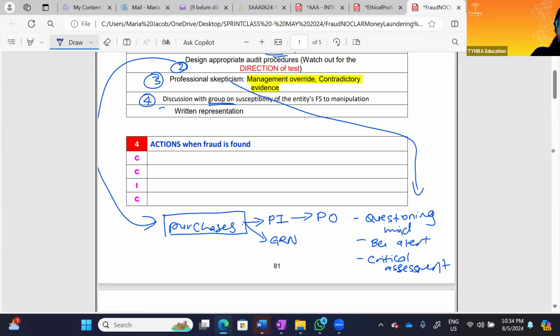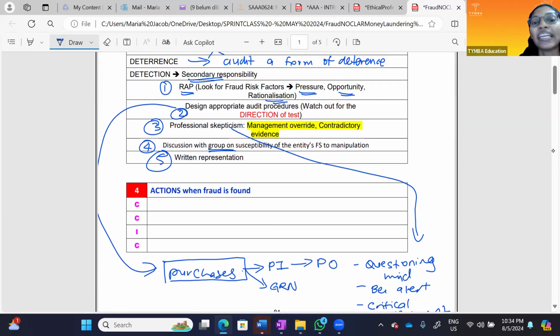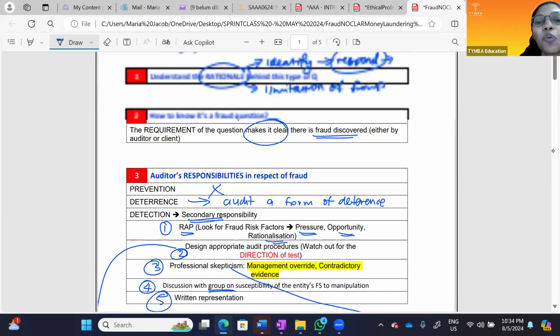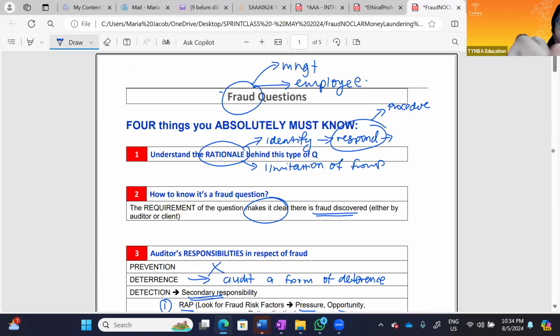And the fifth one is to obtain written representation from management that they have disclosed all the fraud that they are aware of. So this is for you to identify the risk, because you have a detection role, which is a secondary responsibility. The reason it is your secondary responsibility is because when you give your opinion, your opinion is that the financial statement is free from material misstatement due to fraud and error.